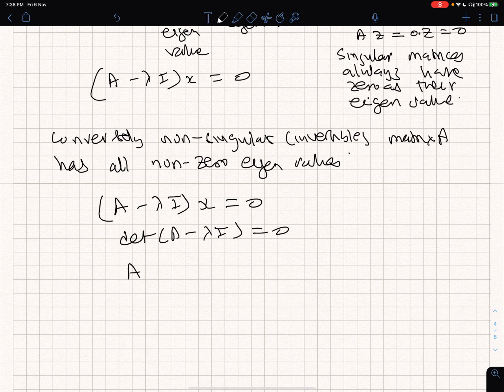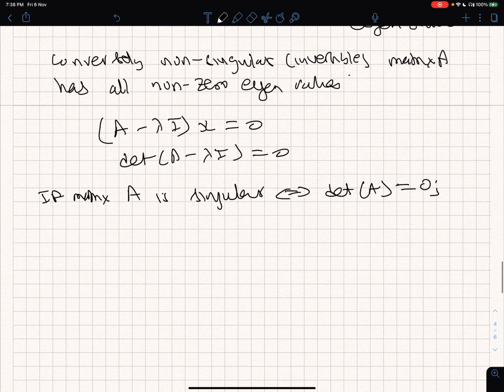I mean to say that if matrix A is singular, and I'm not proving it, I'm assuming that this is a review lecture so you know it, then the determinant of A is 0.